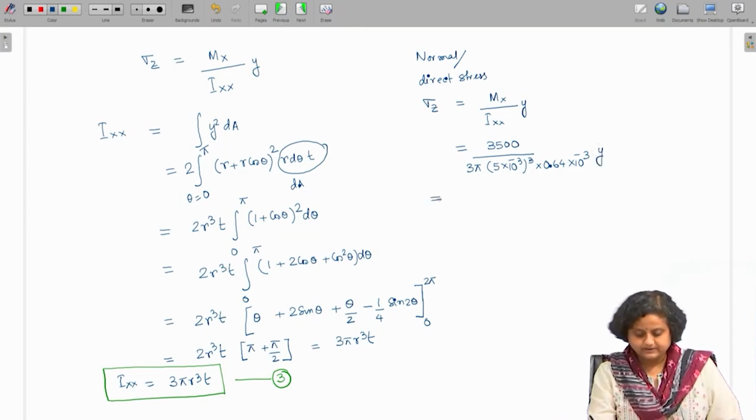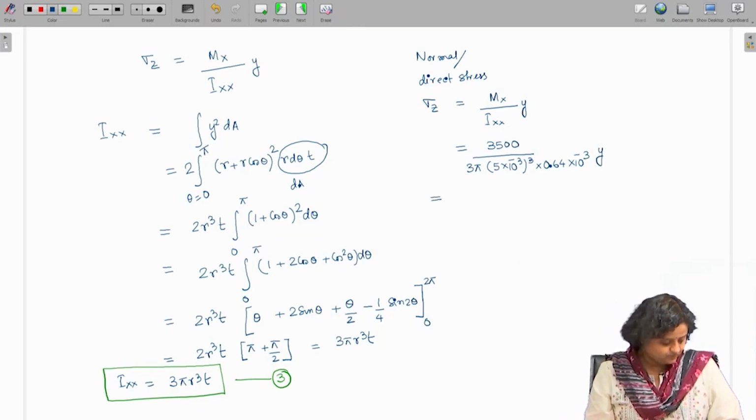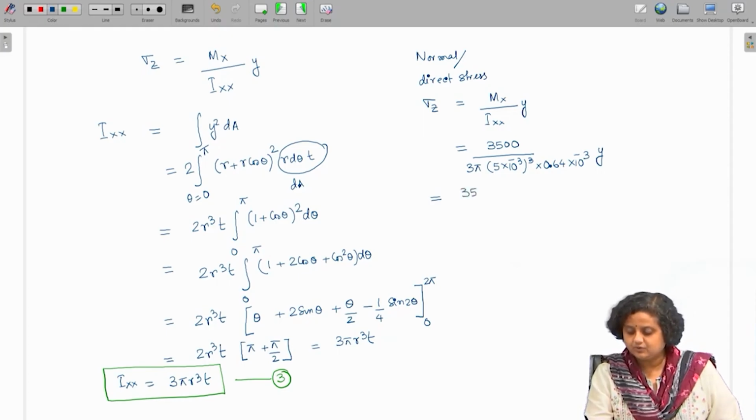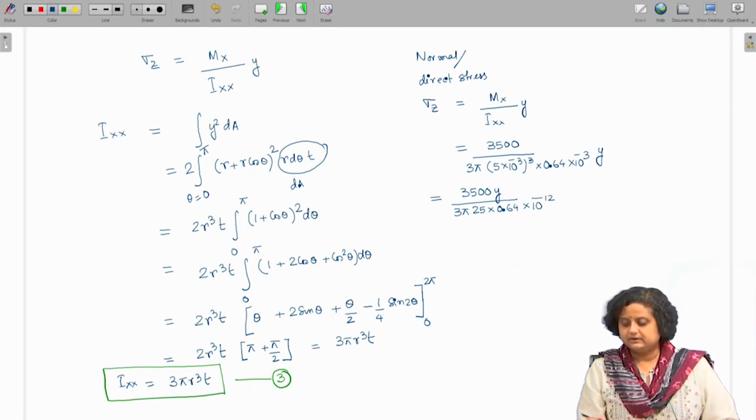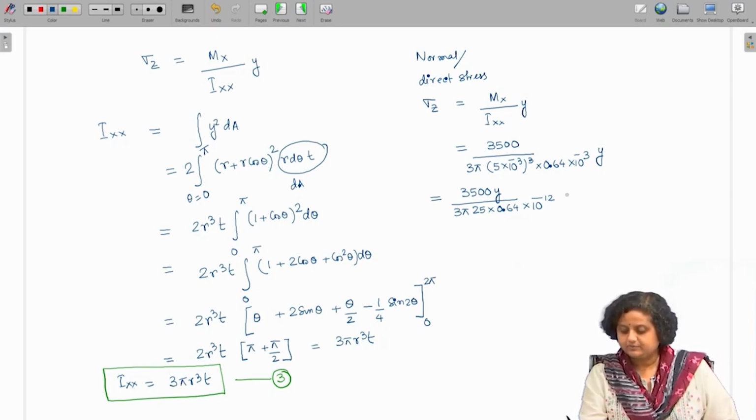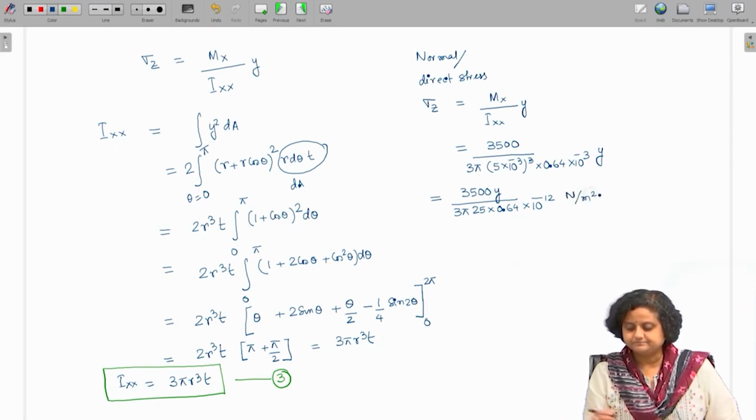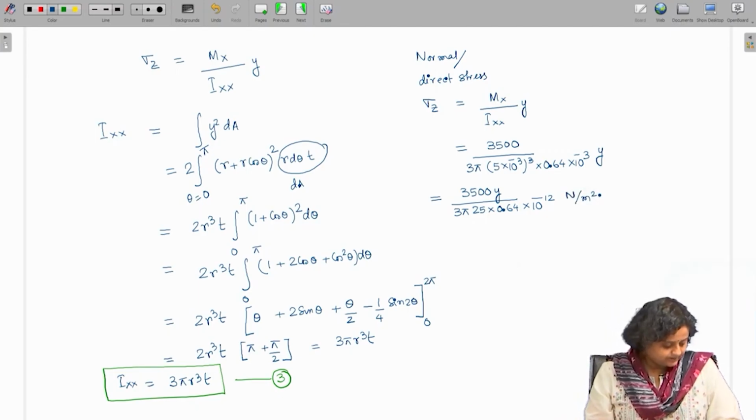If we calculate this further, this is going to be 3500 y into 3 pi into 25 into 0.064 into 10 to the power minus 12. Then this is the expression in Newton per meter square. So, this is the expression that we have.